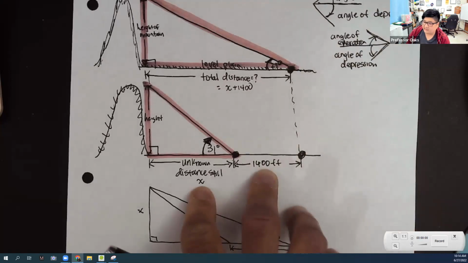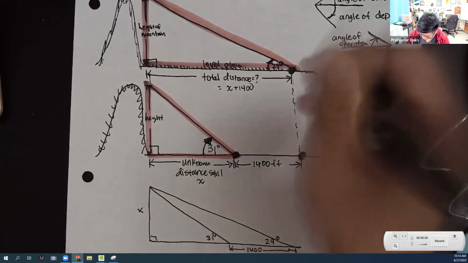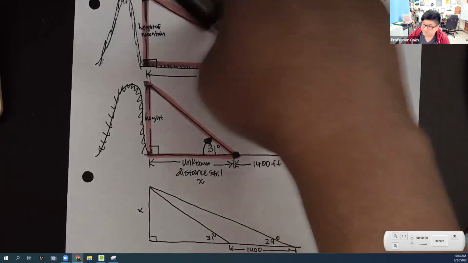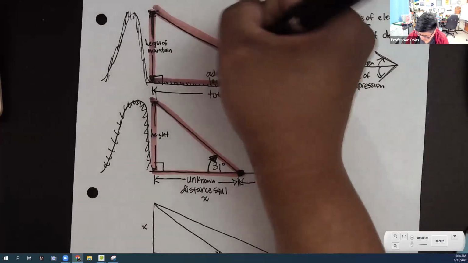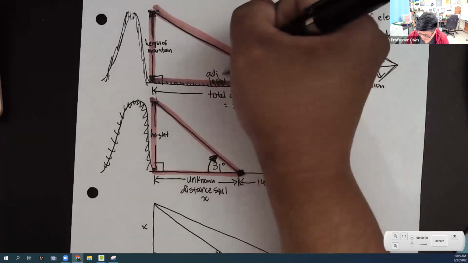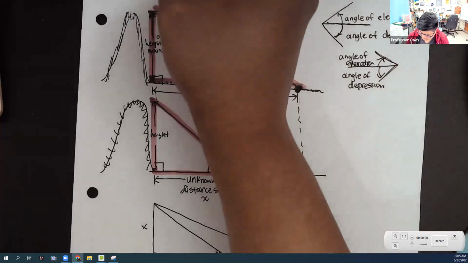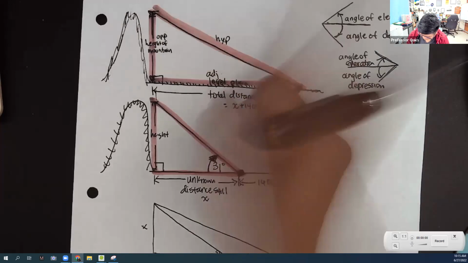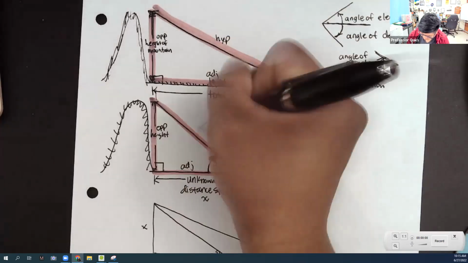It's those two added together. And if you use this triangle up here, then this is adjacent, this is opposite, and this is the hypotenuse. In this one too, this is adjacent, opposite, and hypotenuse.